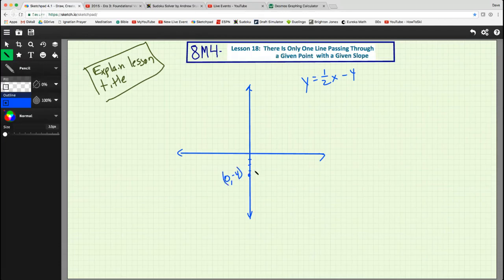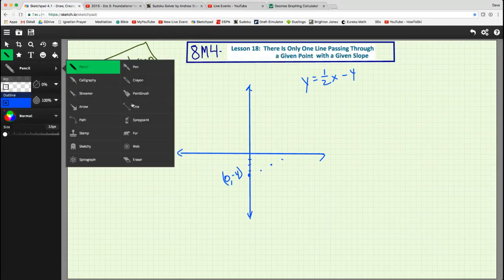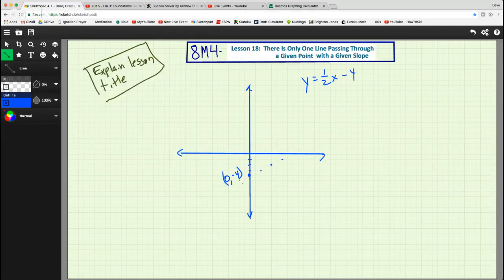And our slope is up 1 over 2, up 1 over 2, up 1 over 2. I mean, there's no other way that if there's a line that goes through this point and goes up 1 over 2, it's kind of tough. I don't know how I can explain it any better other than to just show it to you one more time.